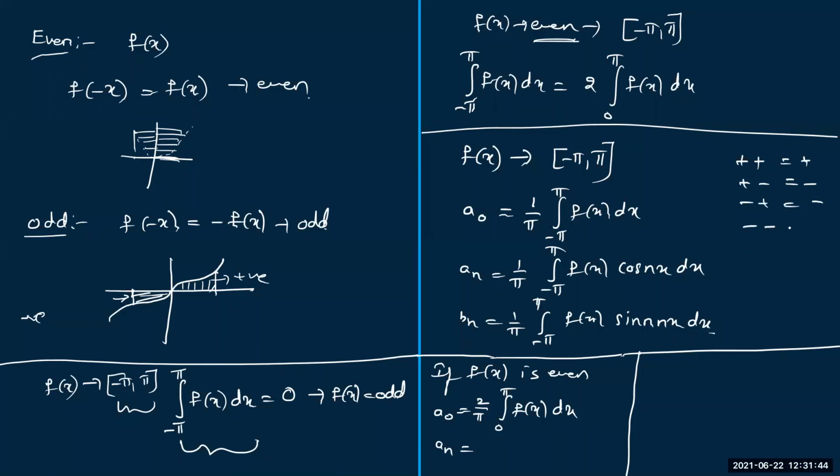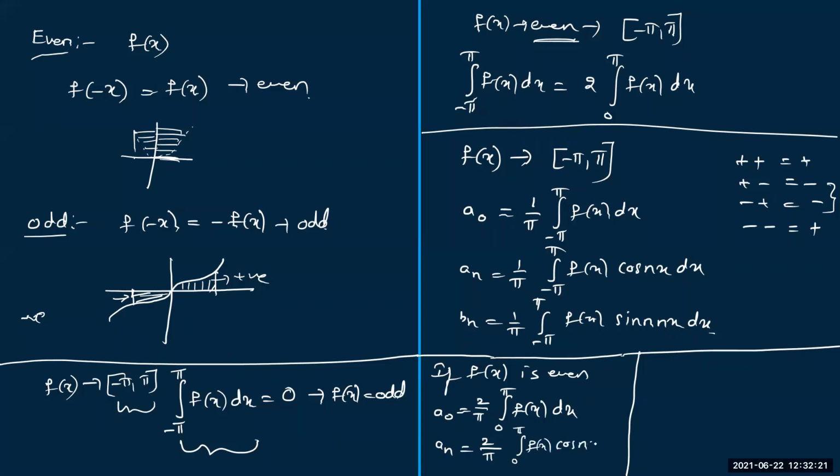And similarly, when you multiply two negative signs, it is positive. Similarly, when you multiply two even functions, it is again even. When you multiply an even and an odd function, the result is an odd function. And when you multiply two odd functions, the product is an even function. So keeping them in mind, since the integrand here is an even function, we can write a n as 2 by pi into the integration from 0 to pi of f of x into cos n x dx.